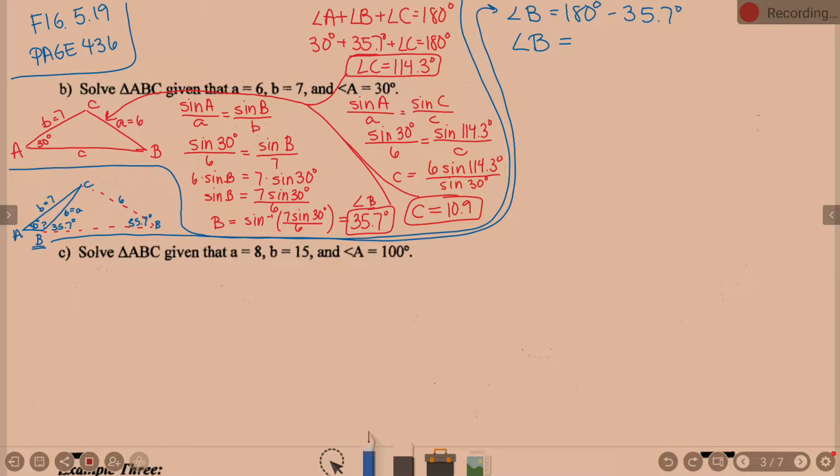So 180 minus 35.7 is 144.3 degrees. Okay, there's one of my new angles. So you don't have law of sines to find that new B. You have to use your previous information.